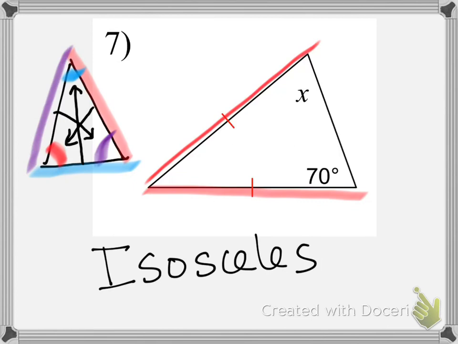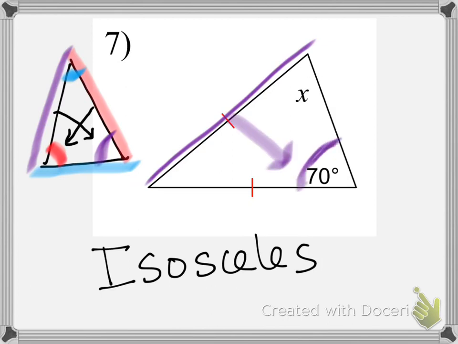We have an isosceles triangle, meaning that these two sides with the red tally marks are congruent. So here I'm going to find the angles that correspond to those two sides. If I'm looking at this top angle here and I go directly across, that's going to correspond to the 70 degrees.